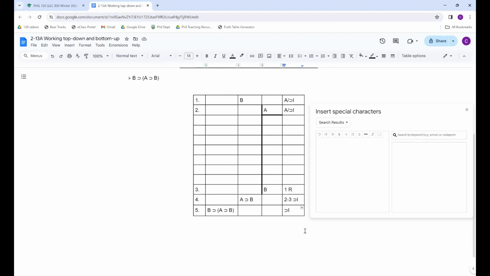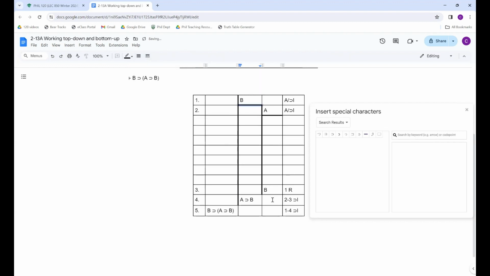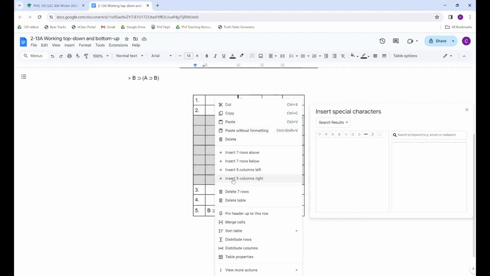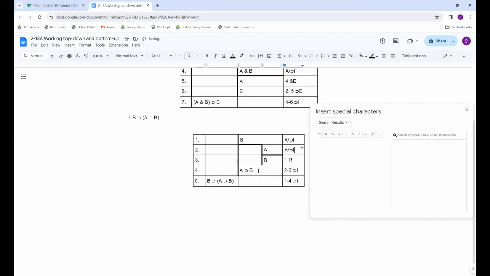That subderivation goes from lines 1 to 4. We'll put in this scope line. And yeah, then all the line numbers have been filled in, and all we need to do is just delete this blank space here that we don't need. And there we go. We have a completed derivation here.